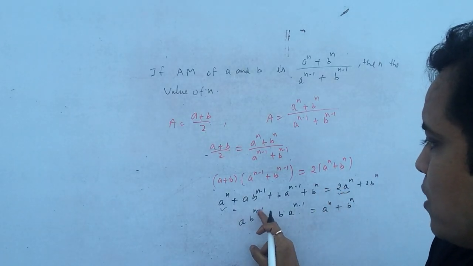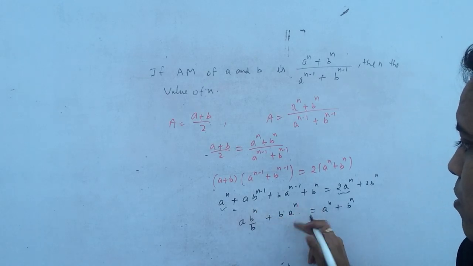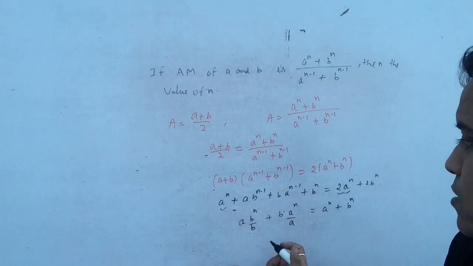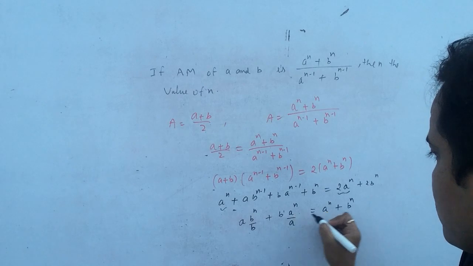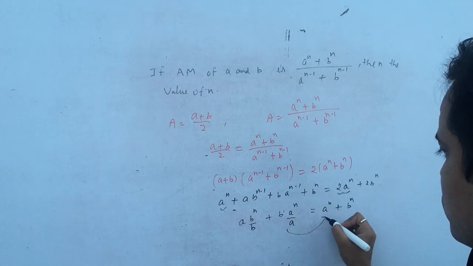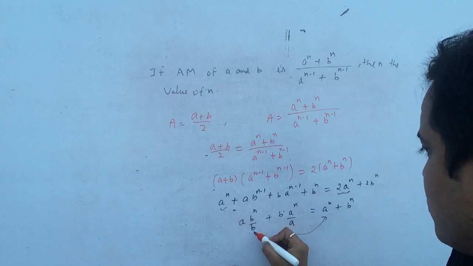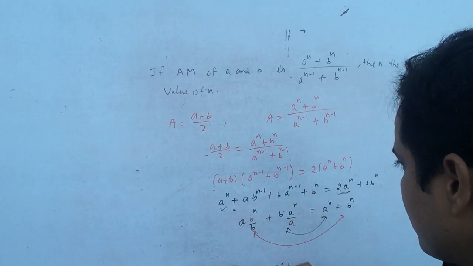What can you do here? You can do this upon b, upon a. Yes, we have like terms: a raised to power n and b raised to power n. So we can simplify it.